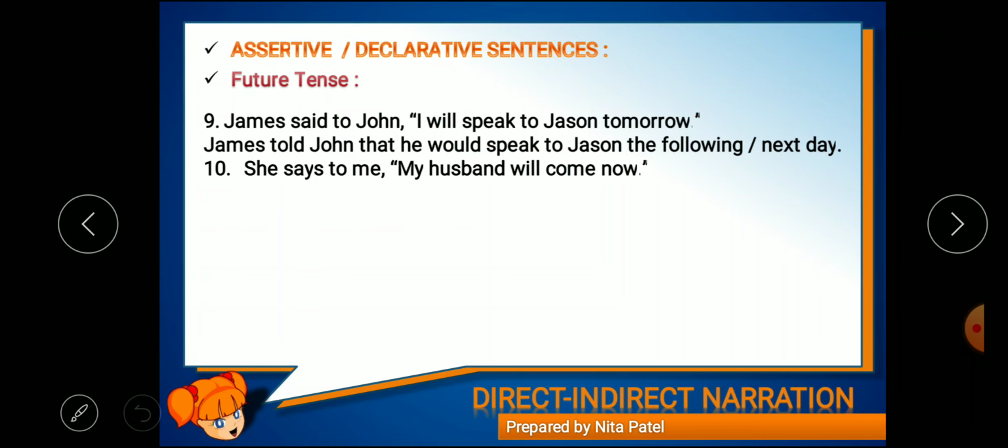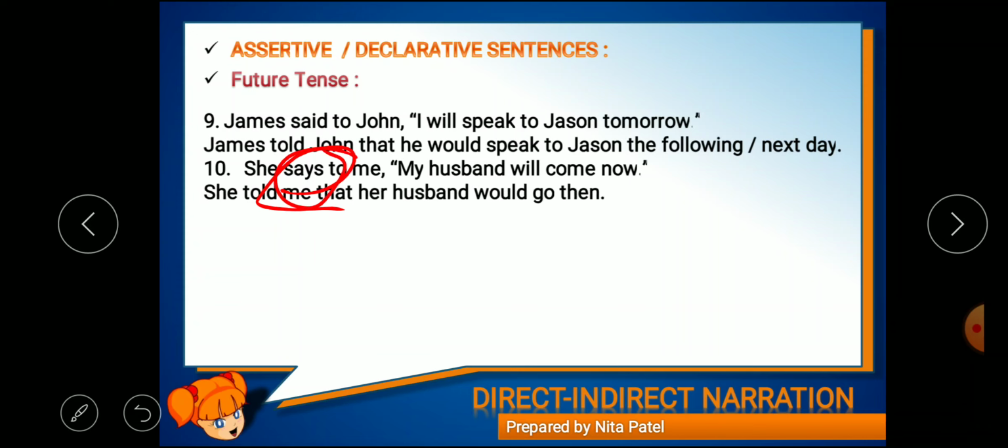Next, she says to me, my husband will come now. Okay, I have made a mistake here. I have put says to. If says to is there, that means if present tense is used here, we do not change the tense. Now consider says as a said. She said to me, my husband will come now. Just think of says as a said.